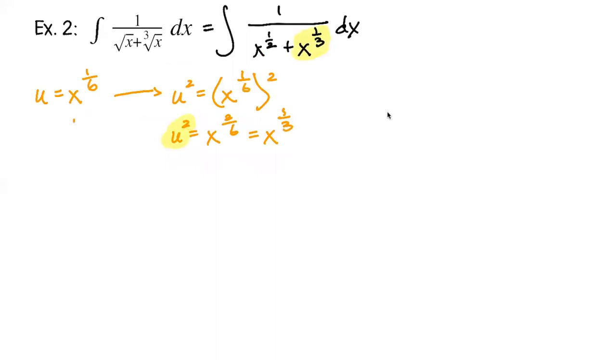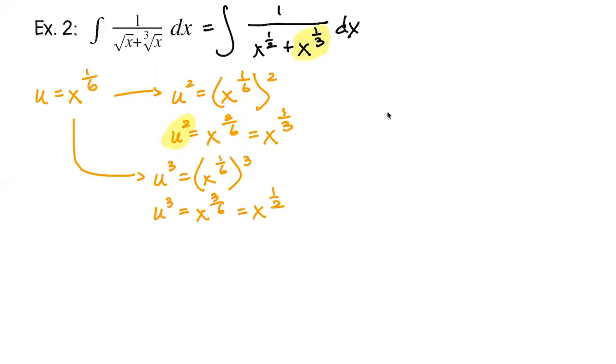But let's see what happens if I take this x to the 1/6 and instead of squaring both sides, I cube both sides. That'll give me u cubed equals x to the 3/6 or x to the 1/2.